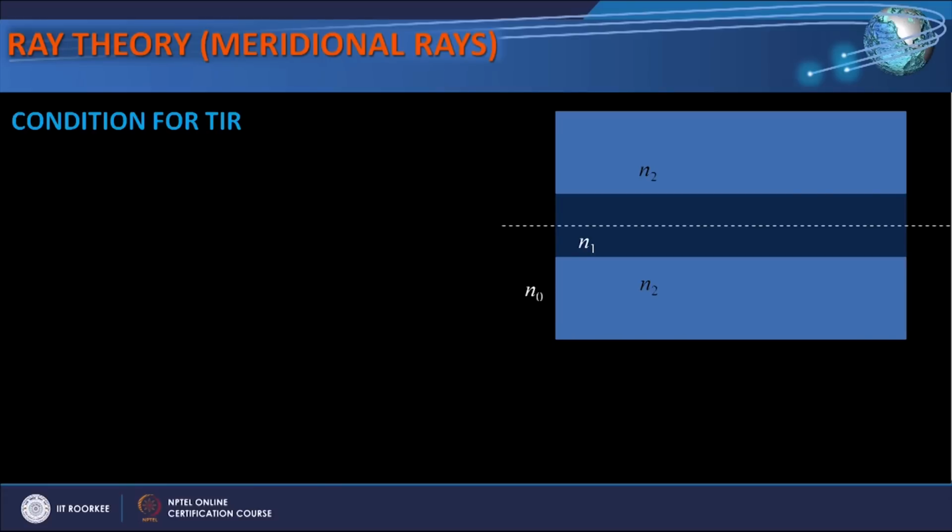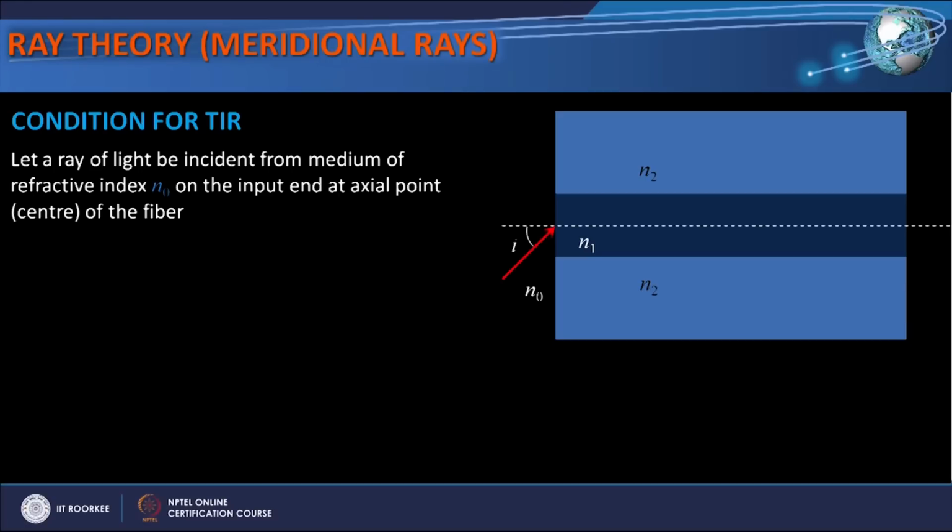To understand that, let us apply the condition for total internal reflection in the fiber. So, again this is the longitudinal cross section of the fiber. You have a core with refractive index N1 and cladding of refractive index N2, this is the fiber axis, and the refractive index of the outside medium is N0.